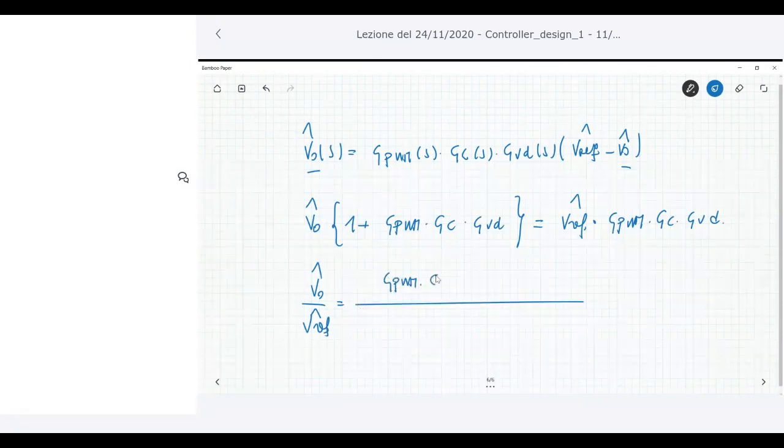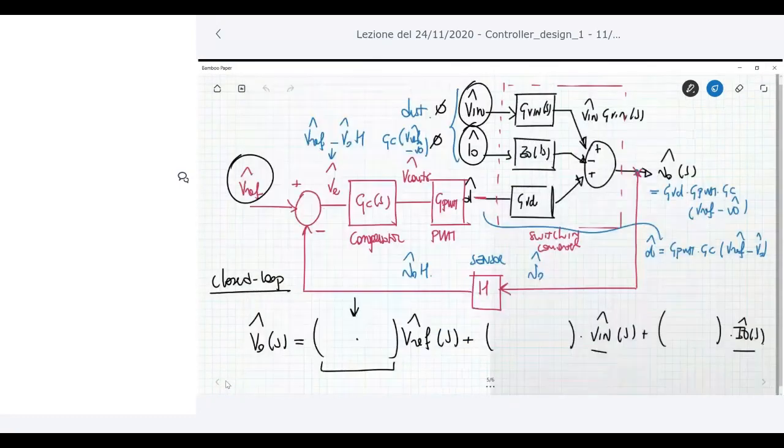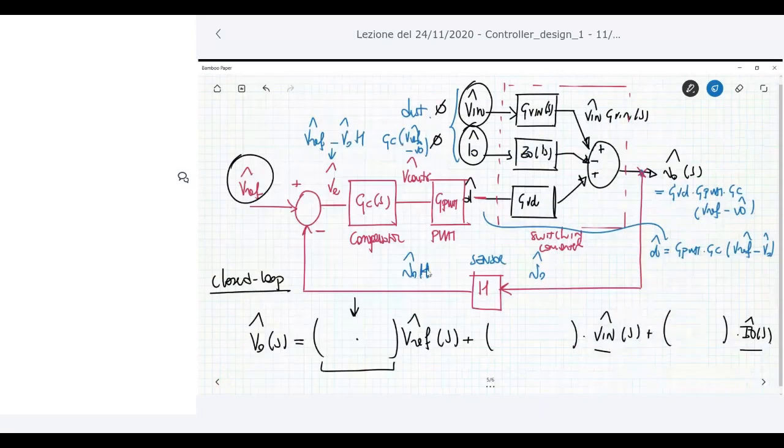GPWM GC GVD over 1 plus... I missed H here. There is H in Vo.